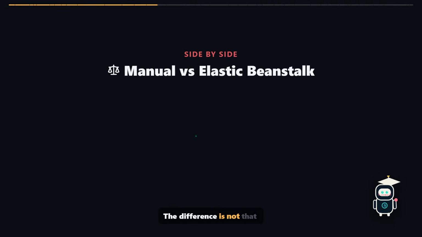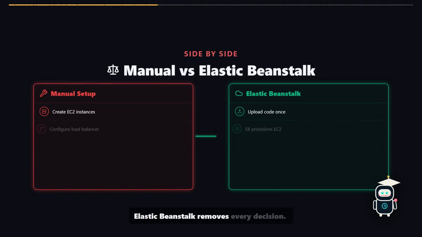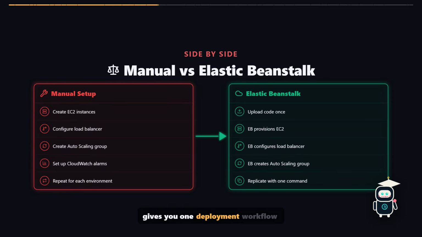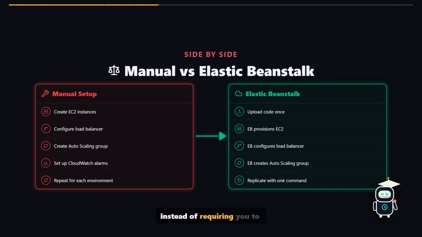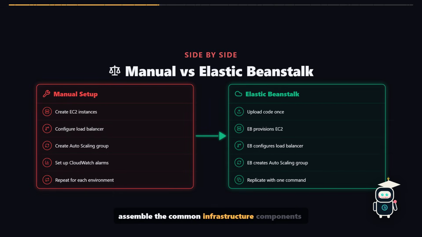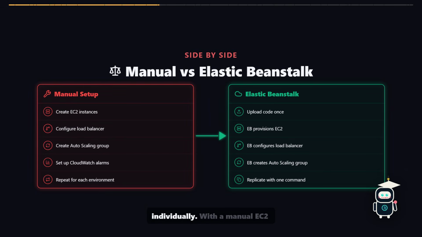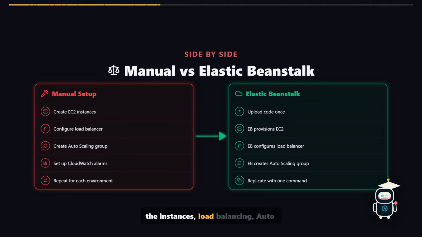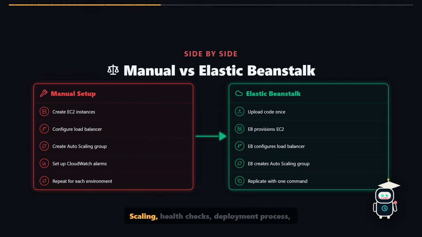The difference is not that Elastic Beanstalk removes every decision. The difference is that it gives you one deployment workflow instead of requiring you to assemble the common infrastructure components individually. With a manual EC2 deployment, you design and connect the instances, load balancing, auto-scaling, health checks, deployment process, and monitoring yourself.